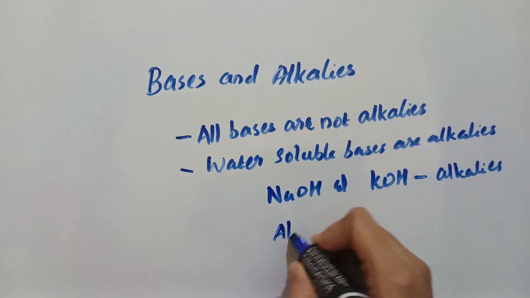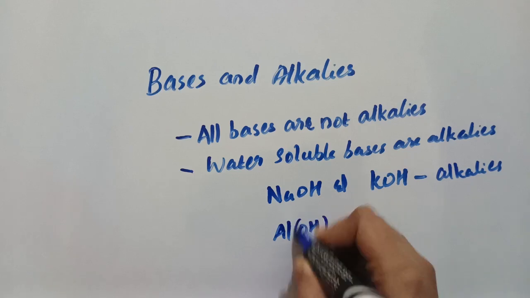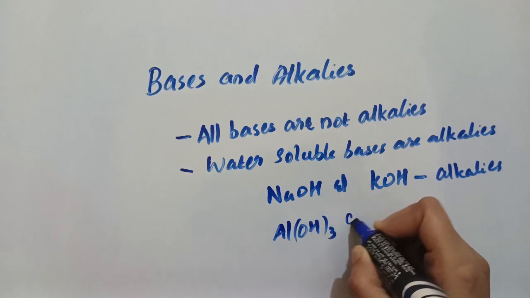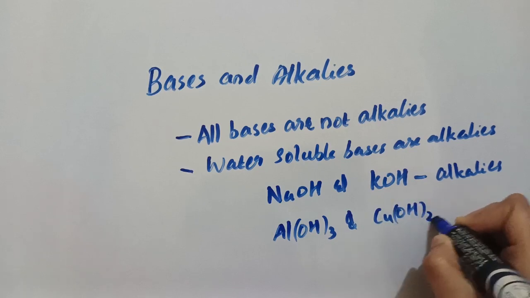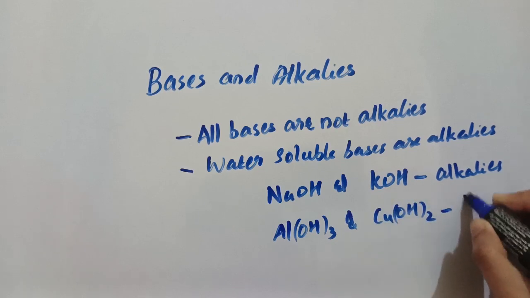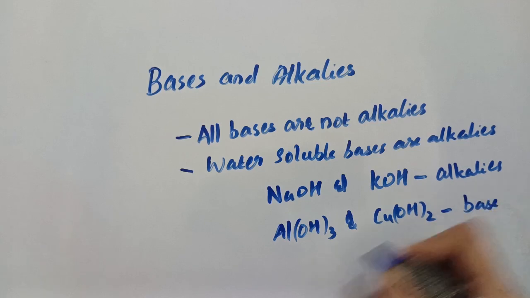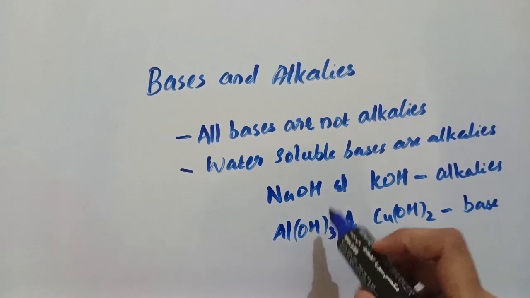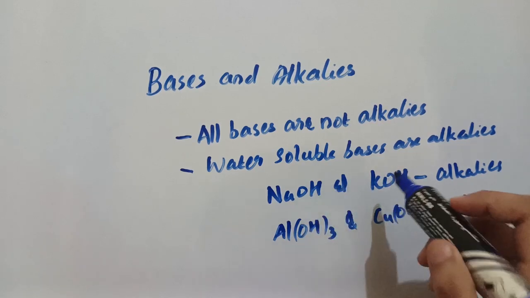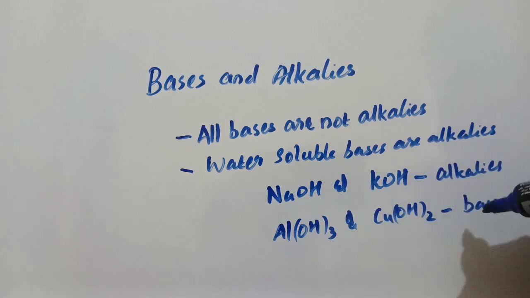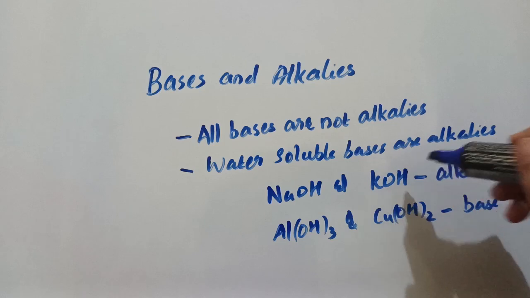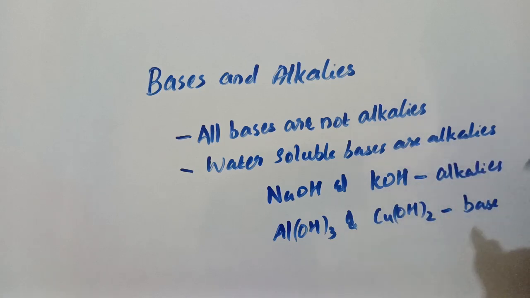Then Al(OH)3 and Cu(OH)2 are examples for base. Also, we can say NaOH and KOH are examples for base also. That is, all bases are not alkalis, but all alkalis are bases.